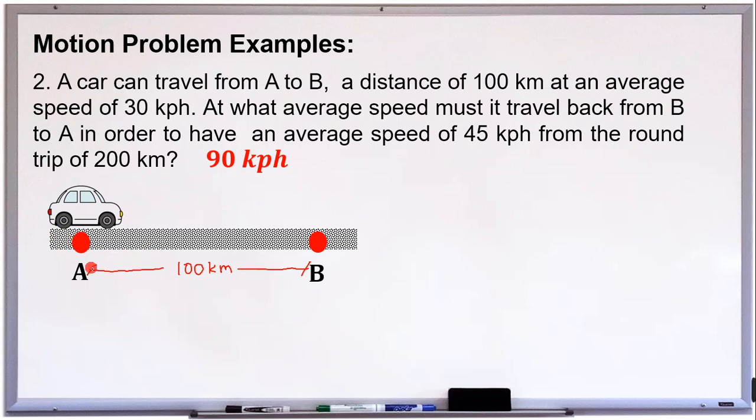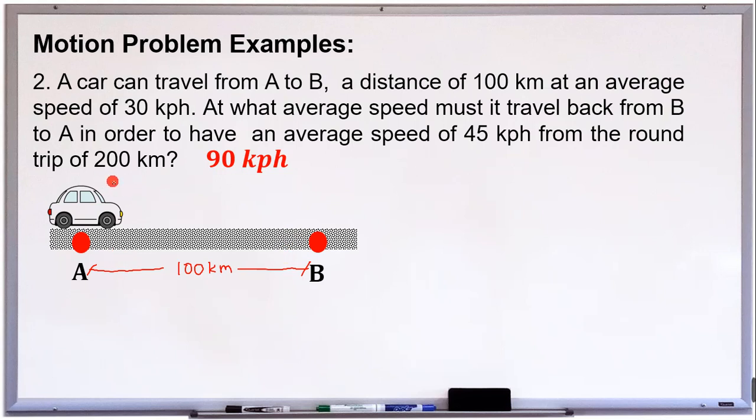So we have a car that travels from A to B, and from the problem, it also states that we need to get the average speed in traveling back from B to A for a round trip of 200 kilometers.